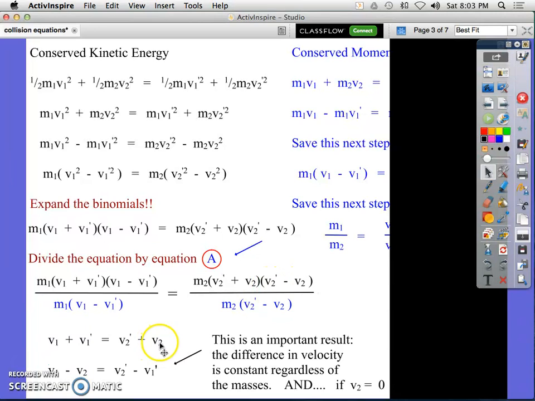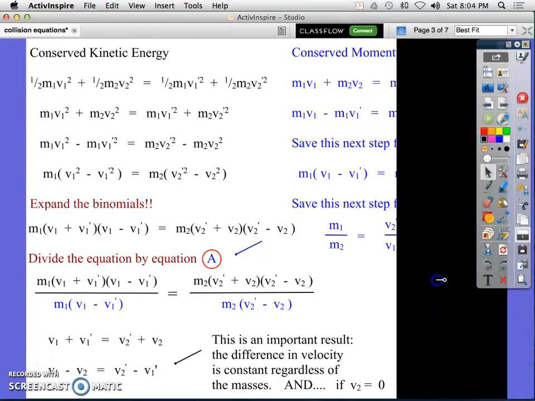Now, if I rearrange that by taking v2 over here and v1 over here, we get an important result. That tells us that whatever the difference in the velocities was before the collision, as long as the collision is perfectly elastic, has to equal the difference between the velocities after the collision, for any masses, regardless of masses, and regardless of the starting velocities. I mean, the second ball could actually be moving on this one.